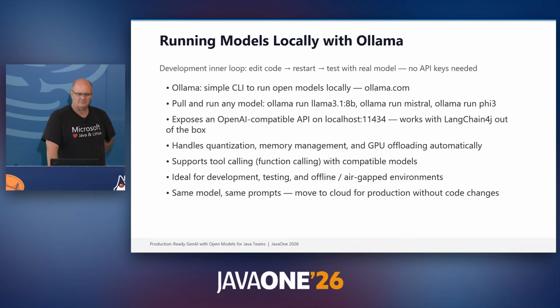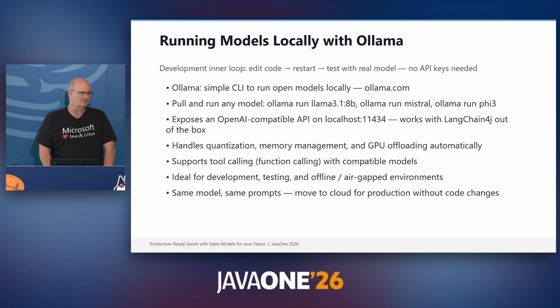Running models locally with Ollama, basically you just download. If you're using Linux, you just run apt-get install ollama, and it'll set it up for you. Ollama.com has lists of the models there, and you can pull and run any model, and you can expose an OpenAI-compatible API on localhost.